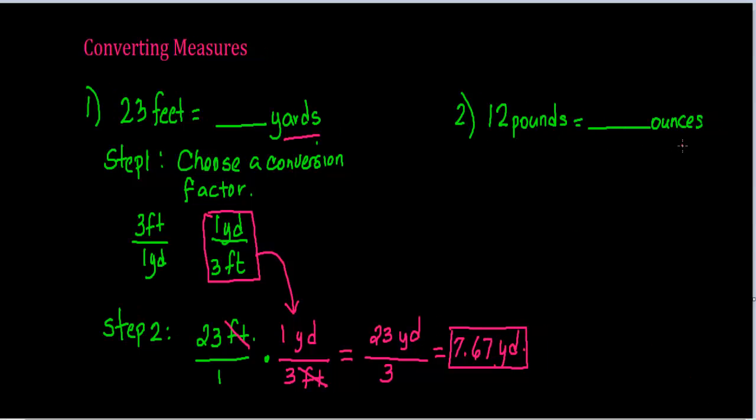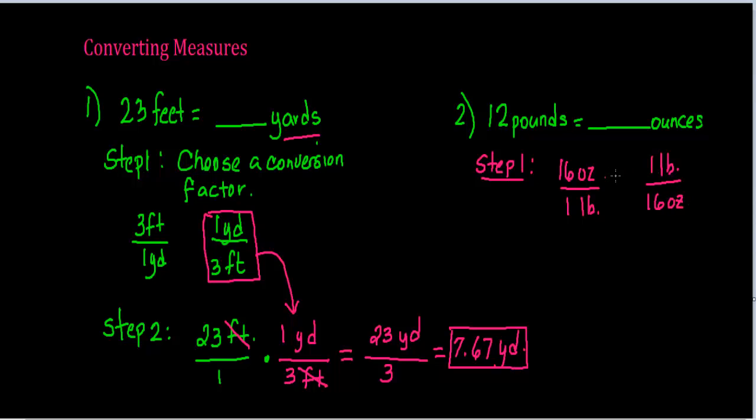12 pounds I want to turn into ounces. So step 1 is choose a conversion factor. What are the 2 conversion factors I could use? Well, I know there are 16 ounces in 1 pound. I also know that in 1 pound there are 16 ounces.